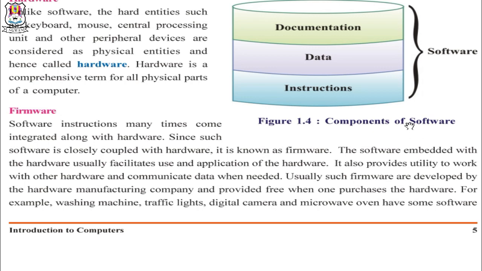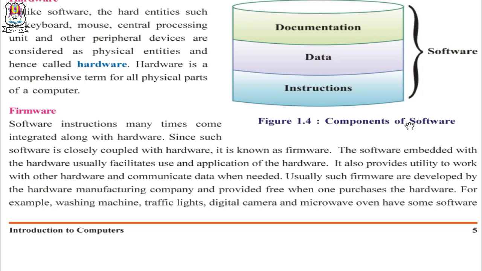It also provides utility to work with other hardware and communicate data when needed. Usually such firmware is developed by the hardware manufacturing company and provided free when one purchases the hardware.